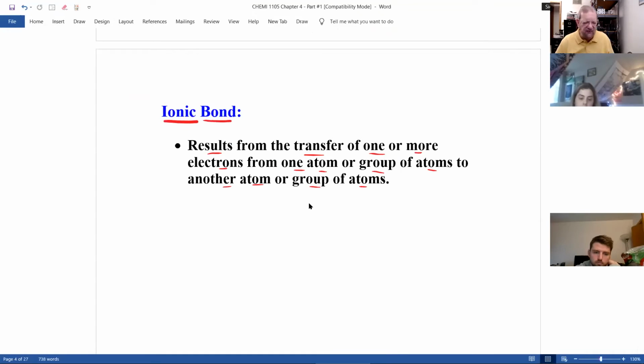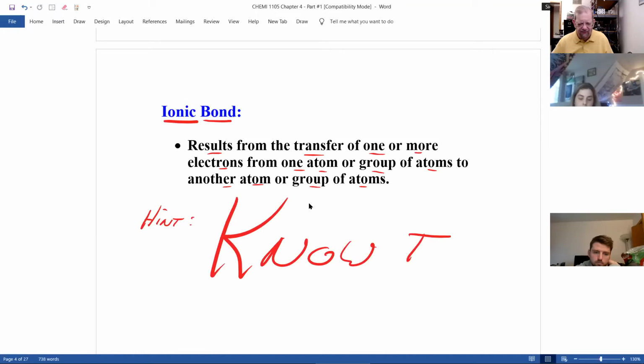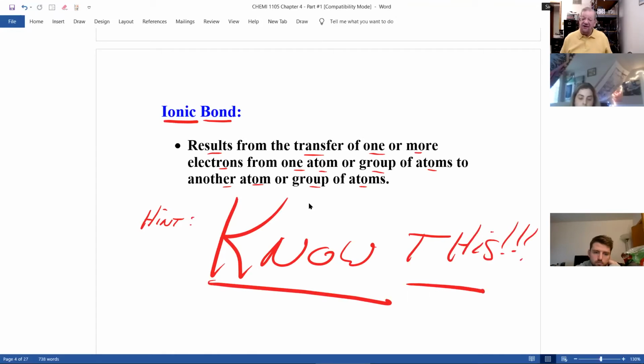it results from the transfer of one or more electrons from one atom or group of atoms to another atom or group of atoms. Hint, know this.